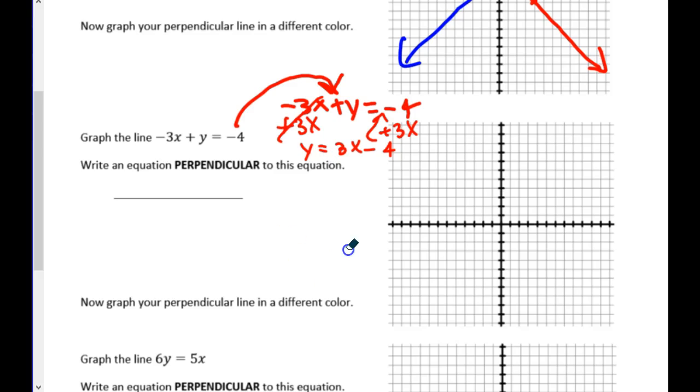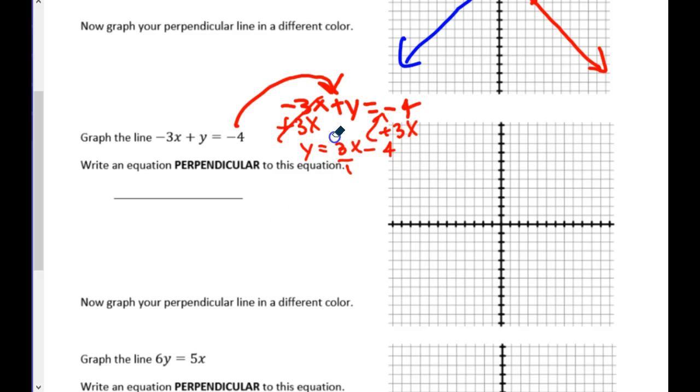Usually our slope is in rise over run format, a fraction. This slope is just a whole number, 3. So how do I turn 3 into a fraction? 3 over 1. If it helps, write that underneath it. So let's go ahead and graph that.